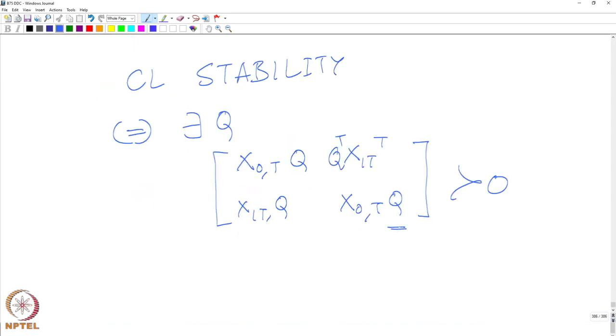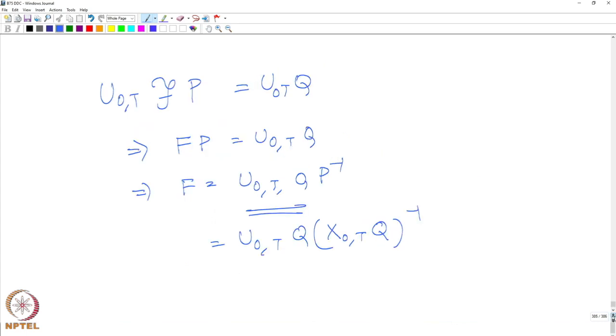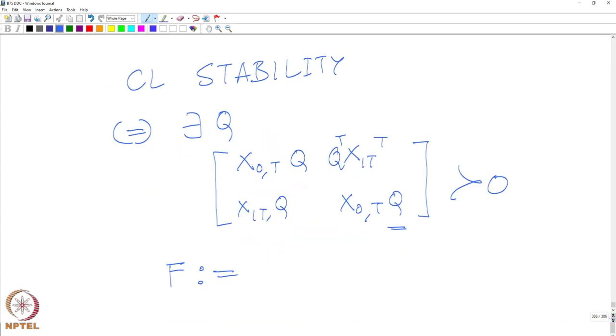Find out such a Q, and then define F to be equal to u0 T Q x0 T Q inverse, that is yours.